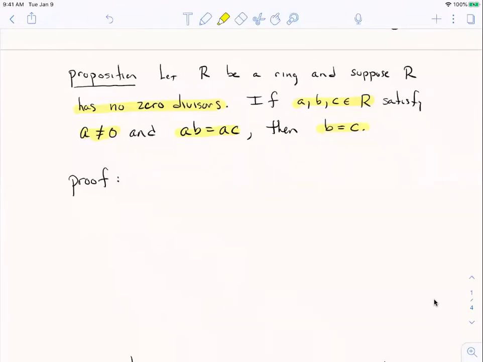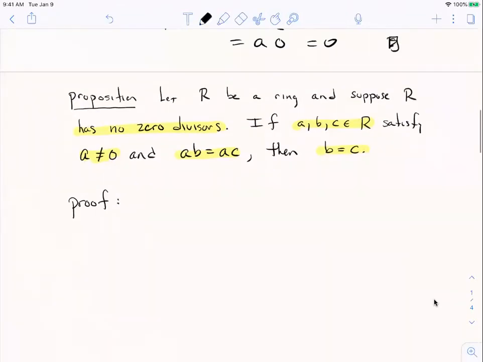This is just the name of this proposition: the left cancellation law in rings with no 0 divisors. There's also a right cancellation law in rings with no 0 divisors.